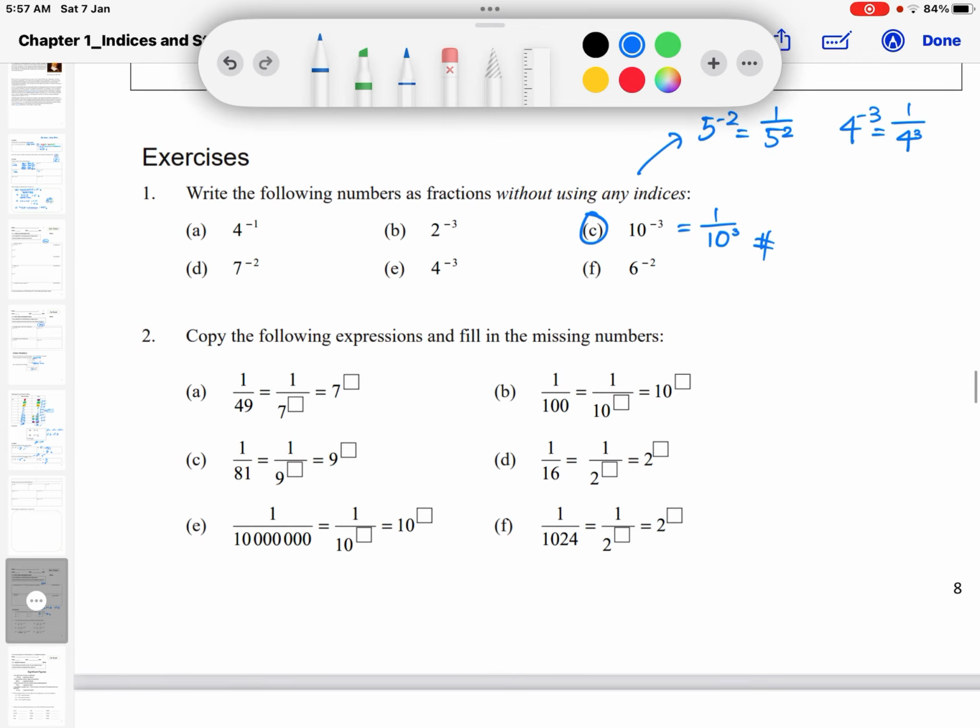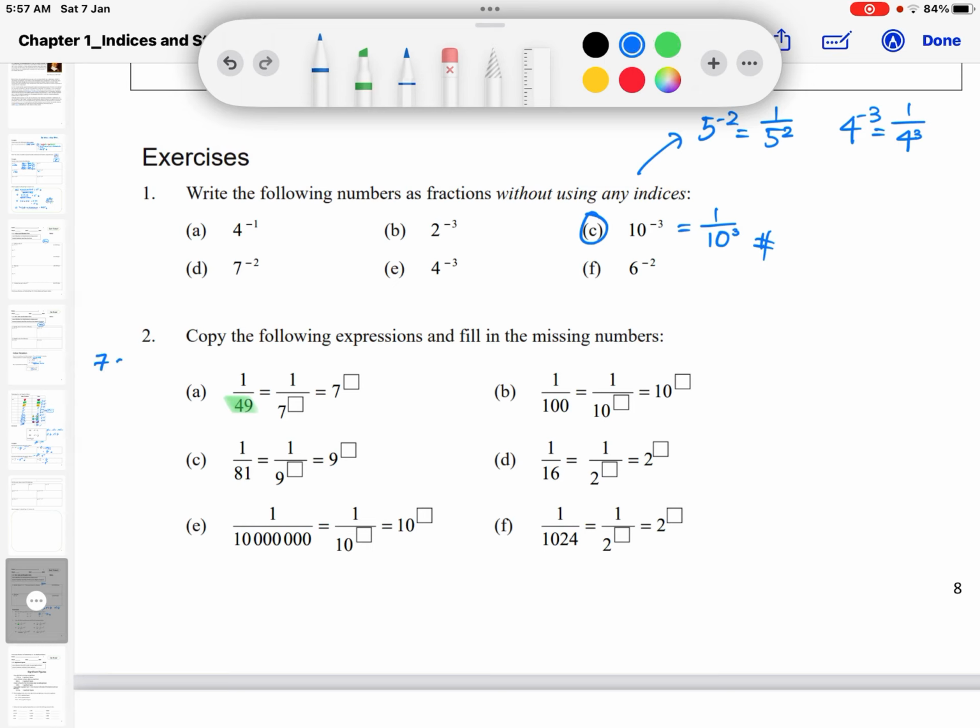Now look at question number 2, complete the following expression and fill in the missing numbers. To do this, we need to have a bit of number sense. The number 49 over here, can you recall, 49 is actually 7 times 7.